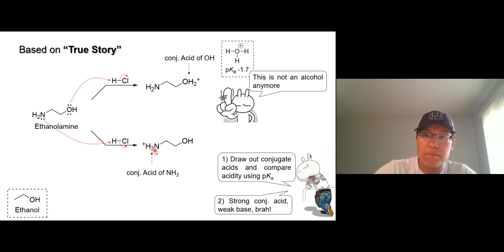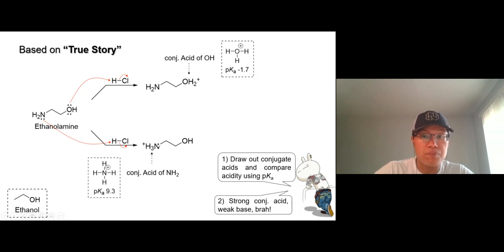What's the pKa of this guy? Look back up at the pKa table. It's about 9. Who's more acidic? Of course, the hydronium-like ion is more acidic, a stronger acid, which means a weaker base.